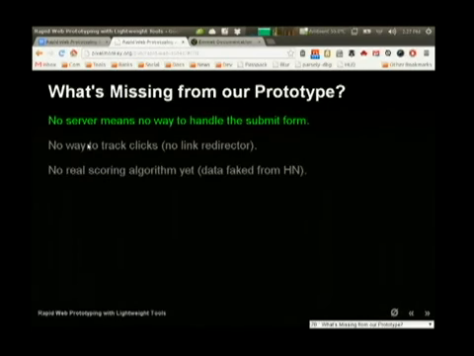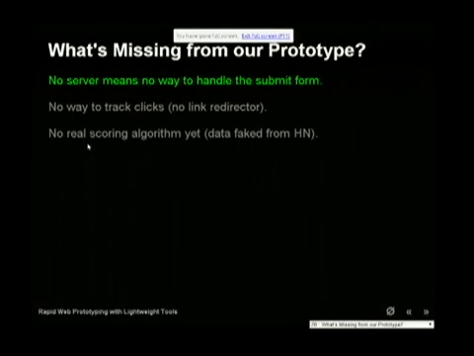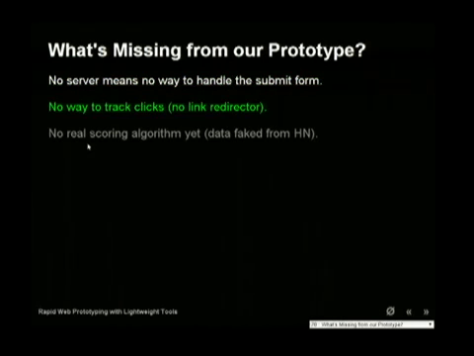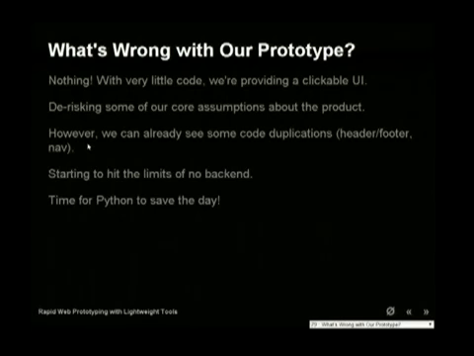The other thing to note is that there's a lot of stuff missing from our prototype. No server means that we can't submit this form. Even though I can pull it up, when I press submit, nothing happens. And I don't yet have a link tracker, a way to do link redirects. And I don't yet have a scoring algorithm. There's nothing really wrong with that because we're providing a really good clickable UI.